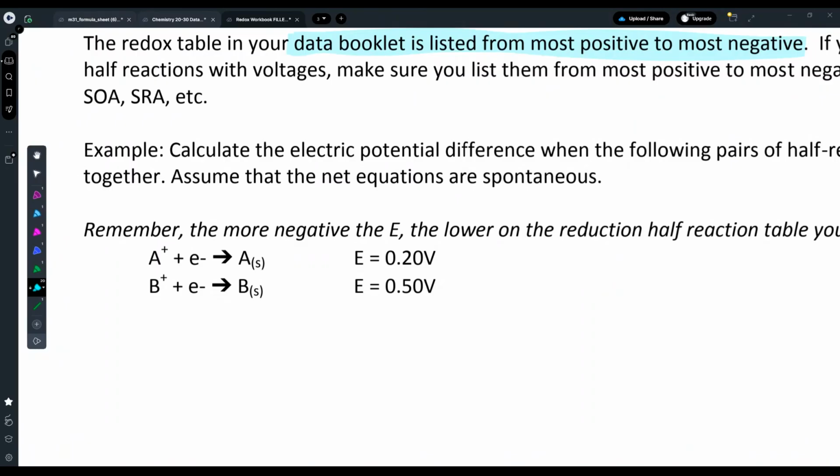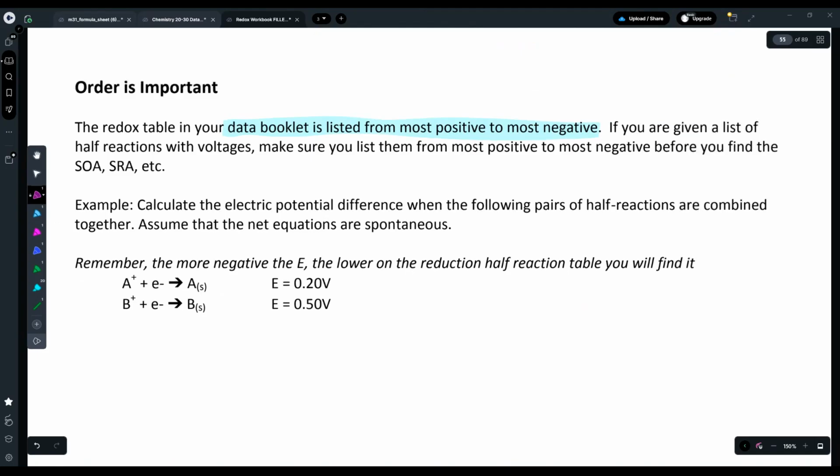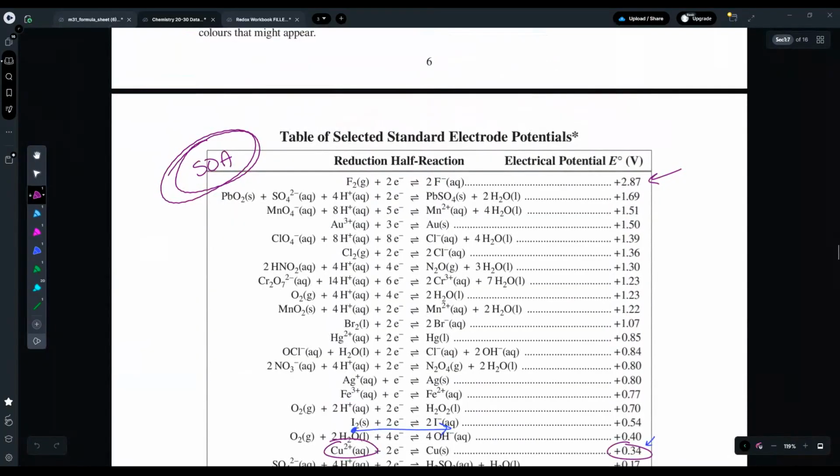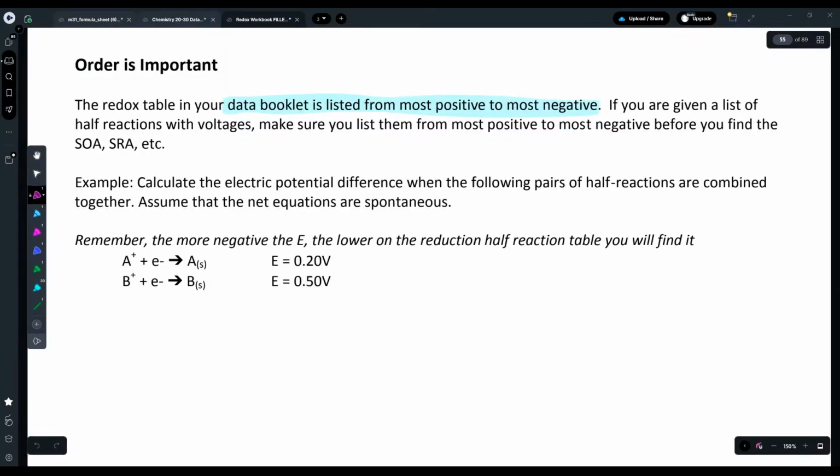Okay, so figuring out what is our SOA, what is our SRA. The more positive your electric potential, the higher up you're going to find that reduction half reaction. So the reduction half reaction with the more positive electrical potential belongs to your SOA. I'm going to call this my SOA, then this has to be my SRA.